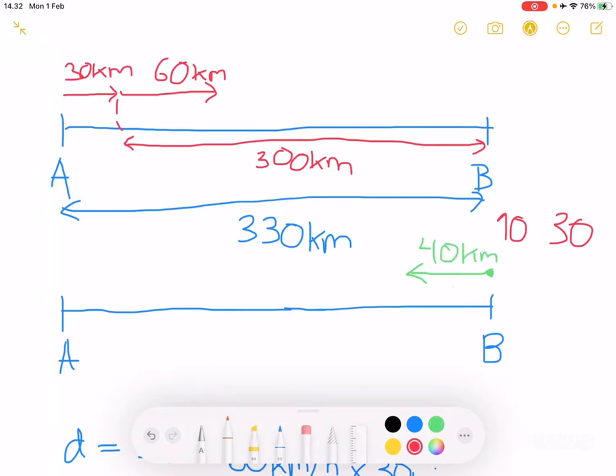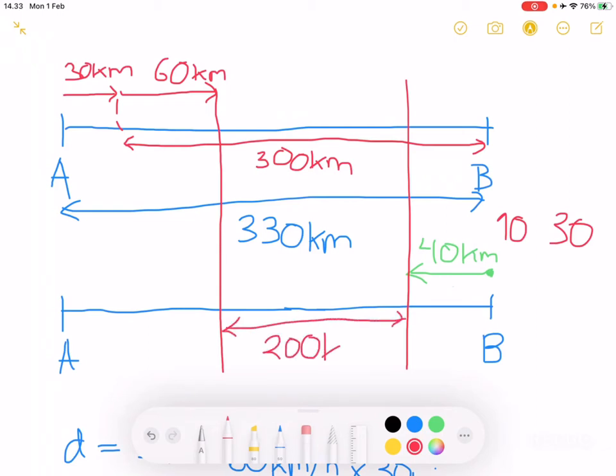We can draw a line right here and notice the remaining distance. Since the gap was 300 kilometers and is now shrinking, we subtract 60 and 40, which leaves us with 200 kilometers. We don't really need this information, because we're going to look at the conditions 1 hour after this.